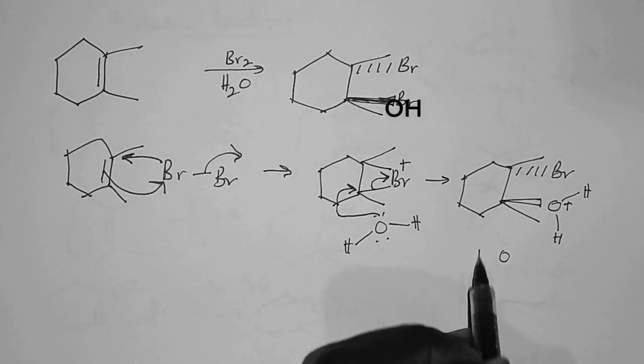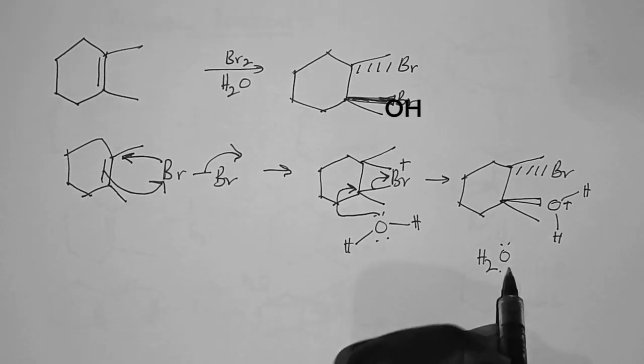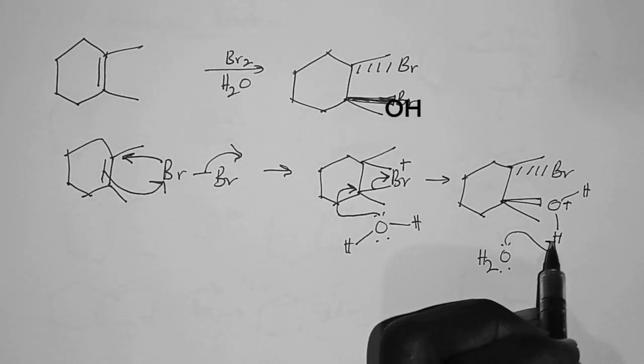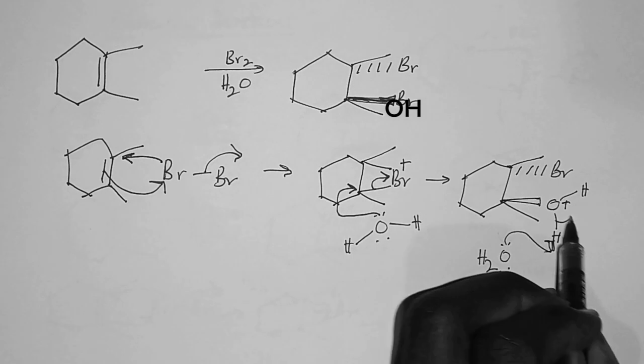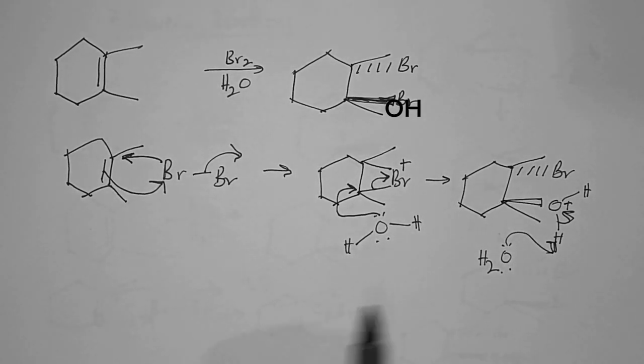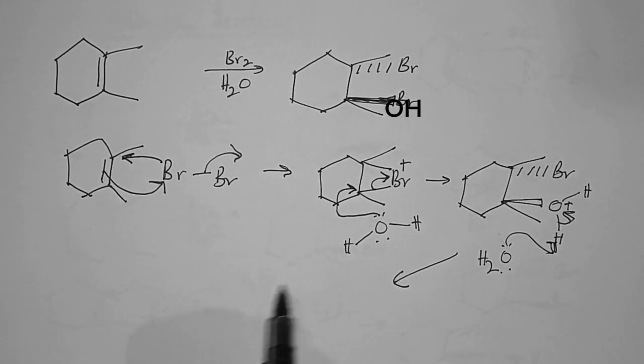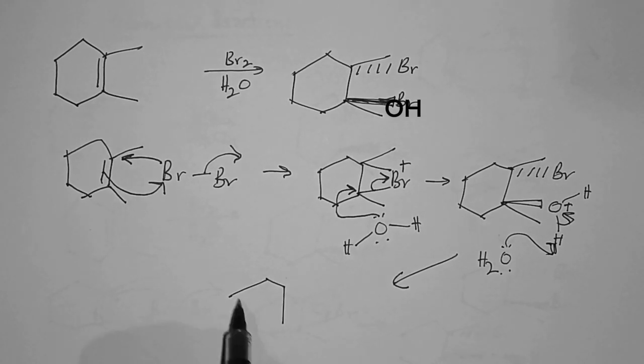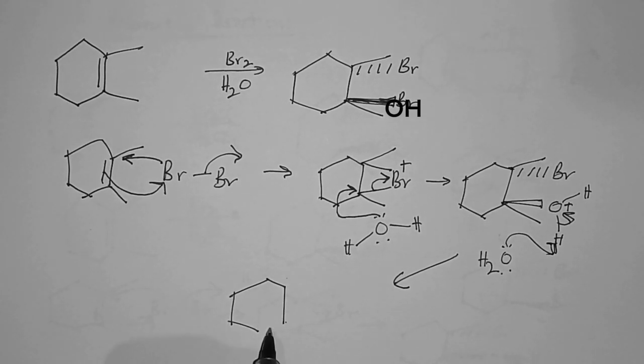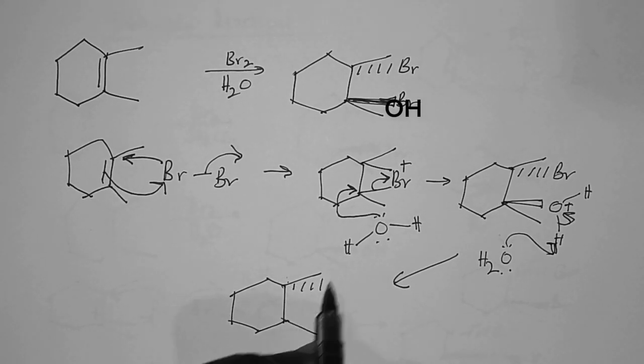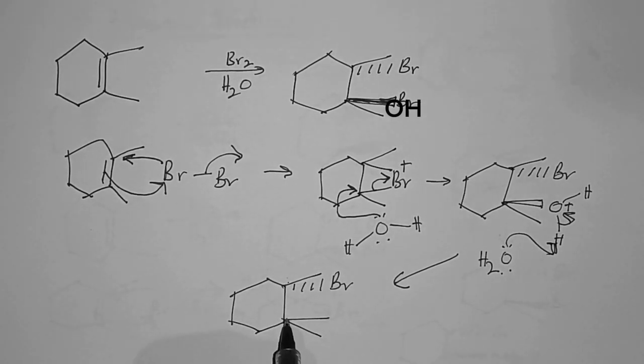So we'll use another water molecule inside the system to pick up this proton, so that at the end of the day, the true product will be this. So this is the reaction mechanism for the above reaction.